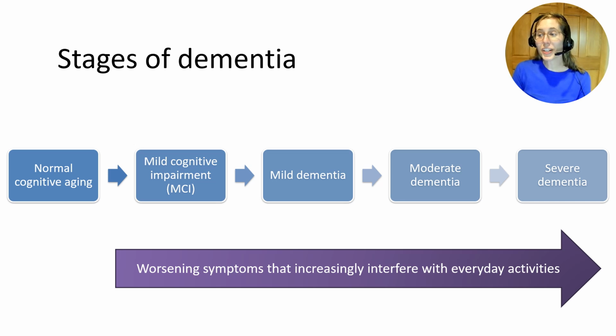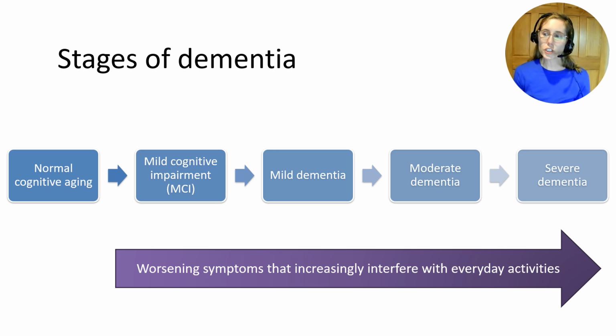And here we illustrate the stages of cognitive impairment or dementia on a continuum. But as I just illustrated, you don't necessarily progress through this continuum at all. But I do want to illustrate here that for many people, it is this continuum, and particularly as we discussed at the beginning slide, once you get to that diagnosis of dementia, it really is considered to be a progressive chronic disease.